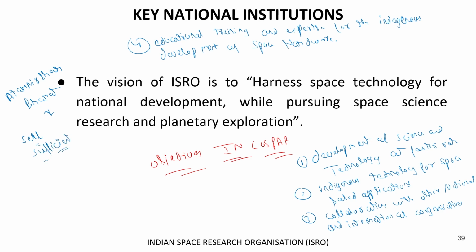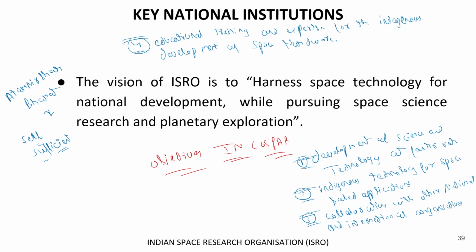So they were also focusing on self-sufficiency. It means that the technology and expertise required to operate a space program effectively and efficiently should be indigenous, made within India, so that we are not dependent on other countries for our needs. Third is the collaboration with other national and international organizations so that a fully inclusive approach could be adopted.